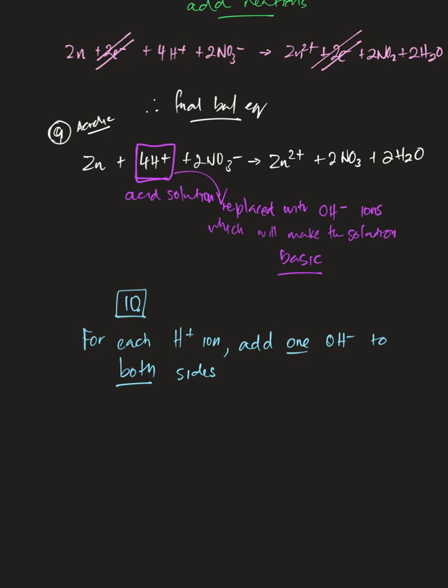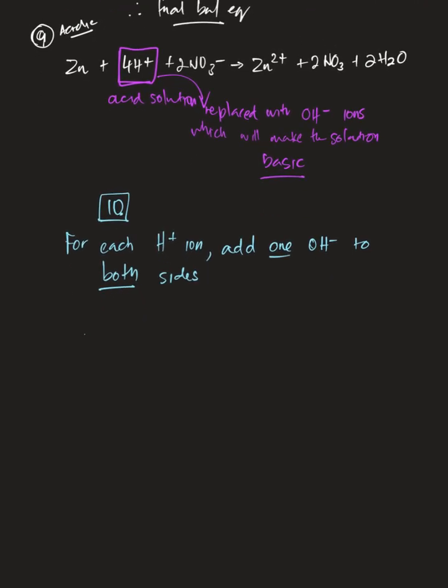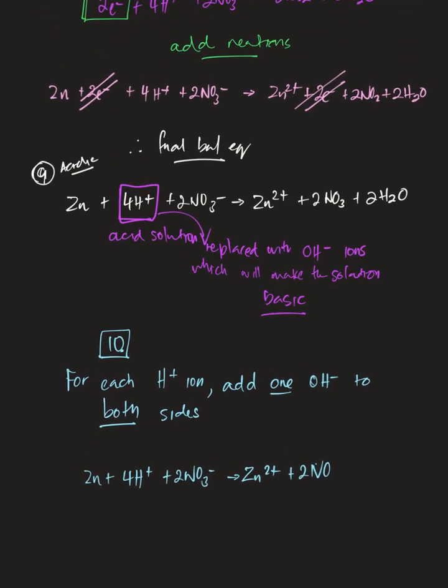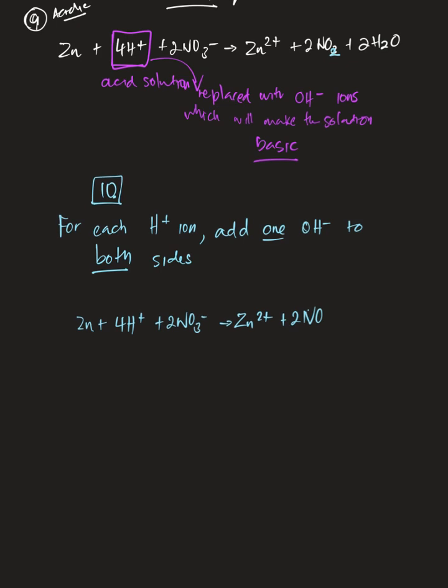Right, so let's have a look at what I'm doing now. So now I've got Zn plus 4H plus 2NO3 minus gives me Zn2 plus 2NO2, sorry, I think it was NO2, there was a mistake, let me fix that, 2NO2 plus 2H2O. What we must add now is hydroxide ions.